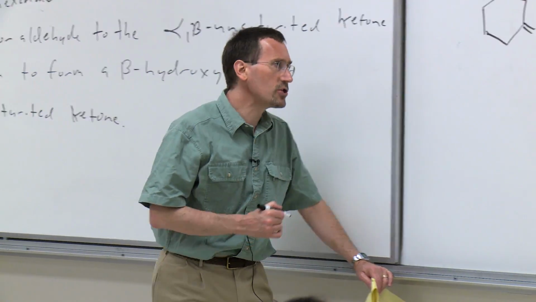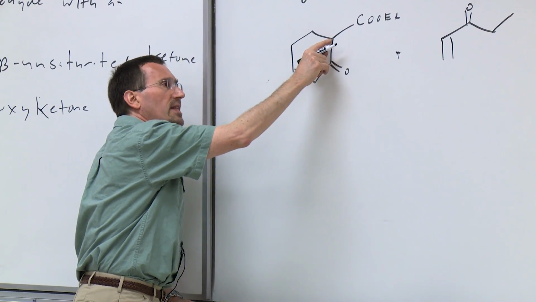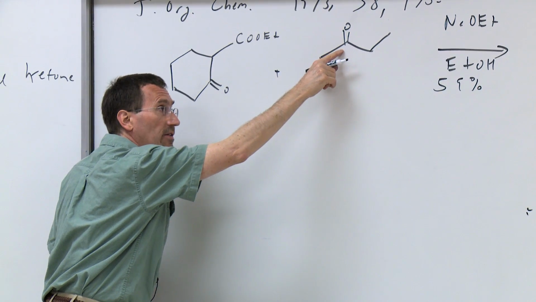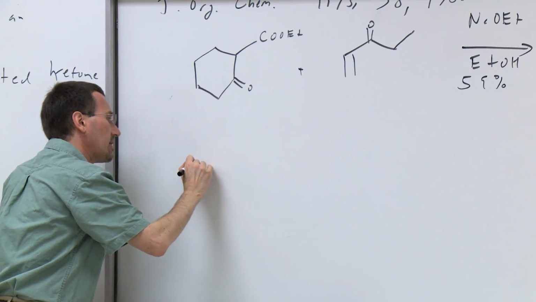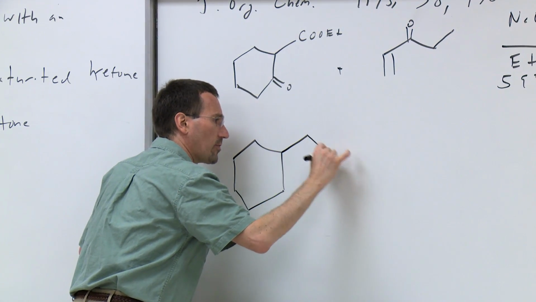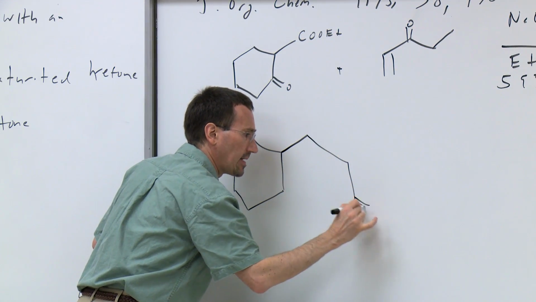So the Michael addition, we can envision forming the enolate here, it adding, a new enolate forming, and ultimately protonating that enolate. And so the Michael addition reaction sets us up like so.